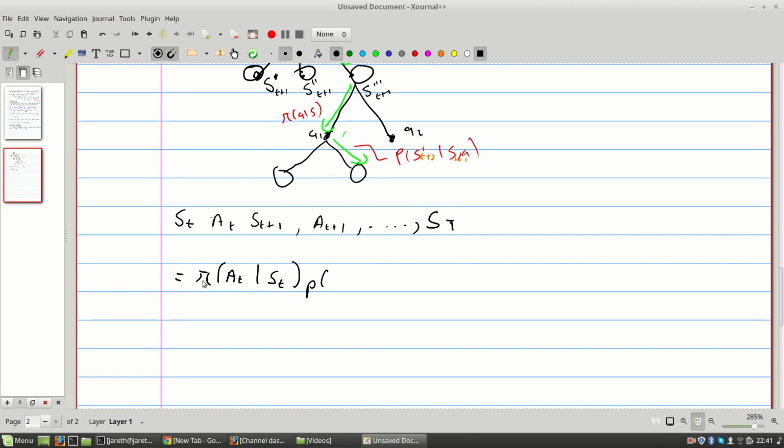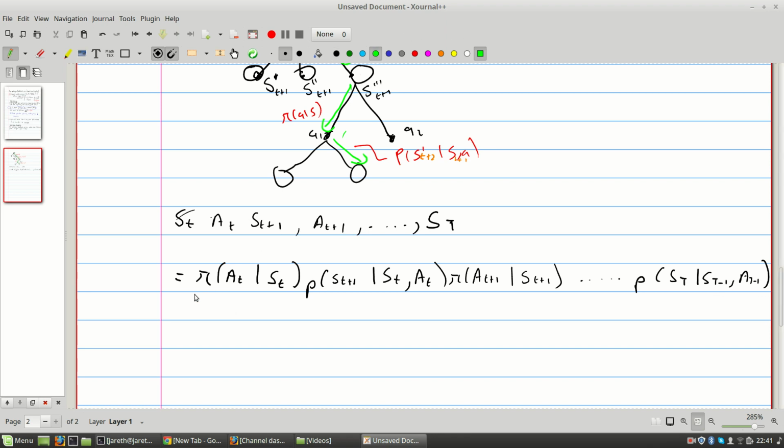So we have the probability of taking action A_t given you're in S_t, times the probability of S_t+1 given you're in S_t and you take action A_t. Now we're in S_t+1, so what's the probability of taking action A_t+1 given we're in S_t+1, and so on until we reach the final time step, given that we're in the state at the final time step minus 1 and we take the action at the final time step minus 1. This is the probability of the green trajectory.